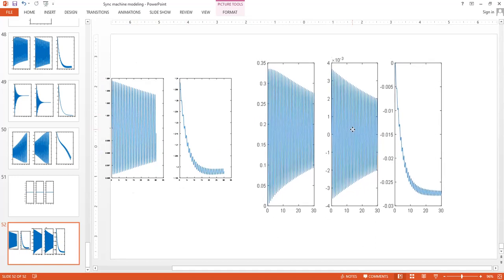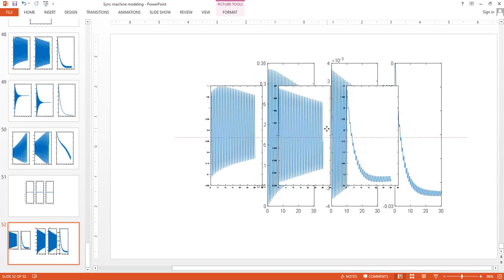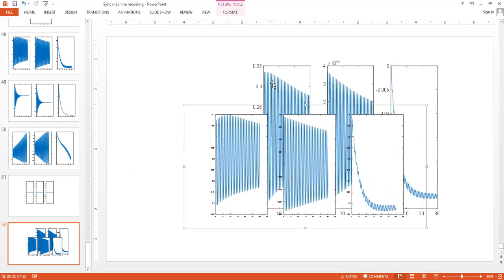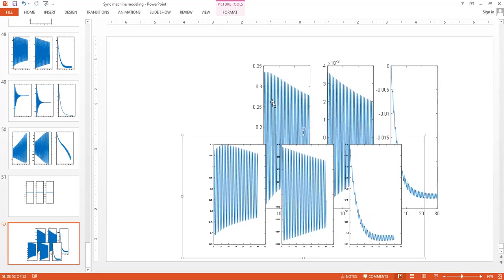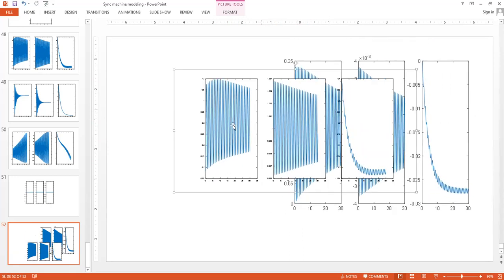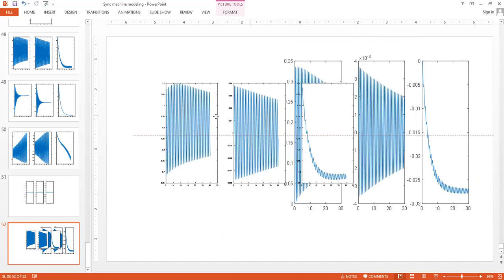Another thing, probably you can scale them on the same scale, because the scaling is different. You see, it is oscillating from 0 to 0.33, where if I magnify this oscillation, probably you could see, but you can do it on your own. You can check the oscillation and you can scale the figure files. You can use the same scaling, and then the comparison would be much nicer.